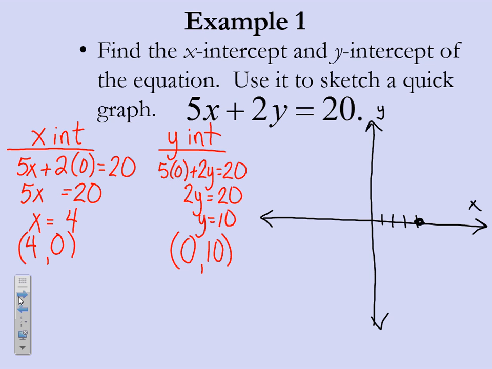This is one point we will use to draw our line. The other point is (0, 10). So that's the y-intercept. 1, 2, 3, 4, 5, 6, 7, 8, 9, 10. And then we can go ahead and sketch that quick graph here between those 2 points. Okay, so finding x and y intercepts allows us to sketch a quick graph.